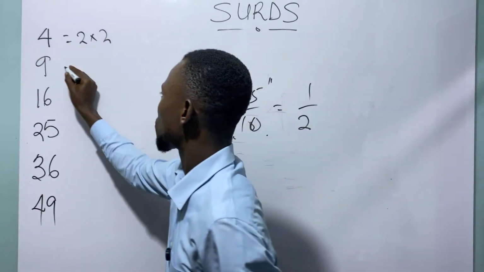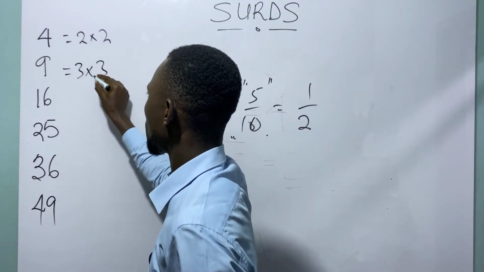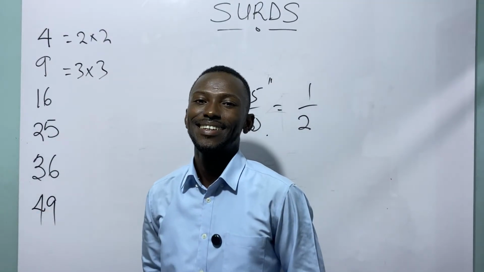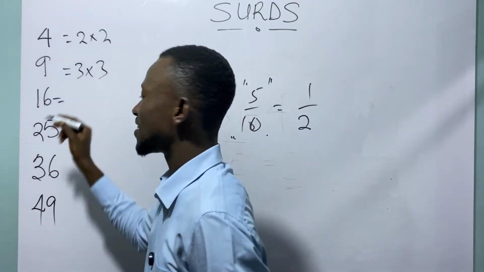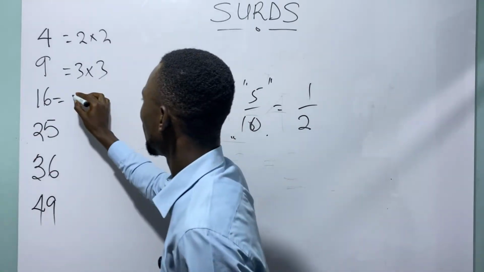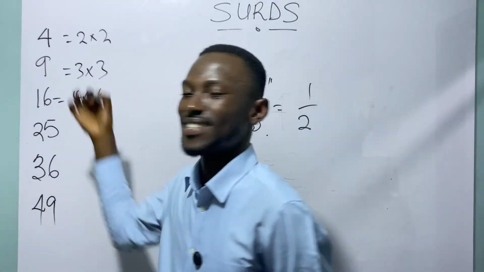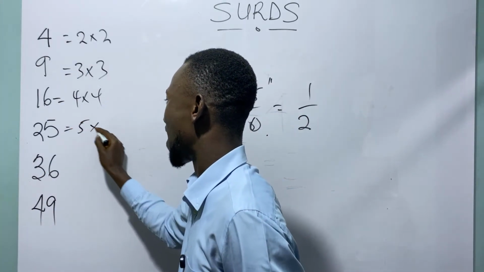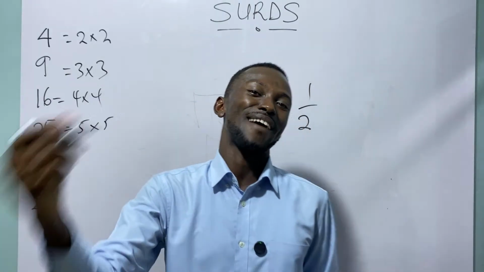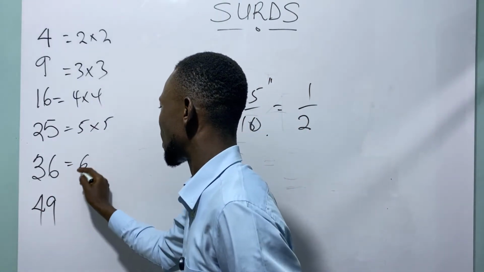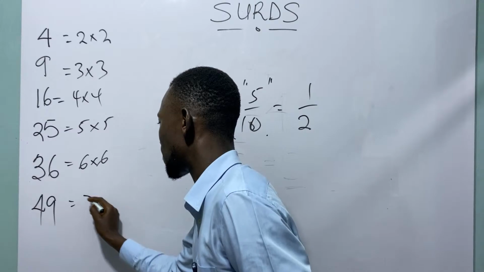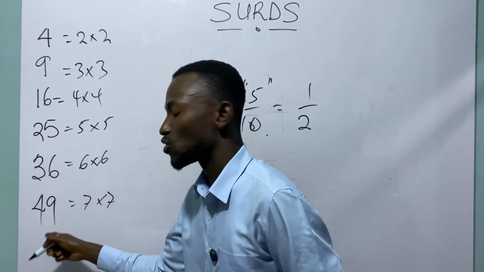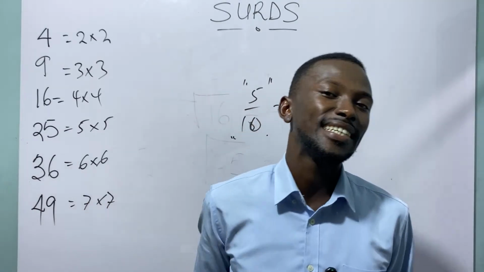And 9 is a perfect square because 3 times 3 will give you 9. Then 16 is a perfect square because 4 times 4 is 16. And 25 is a perfect square because 5 times 5 is 25. Then this is 6 times 6 is 36, 7 times 7 is 49. So you should do the same for 8 times 8, 9 times 9.